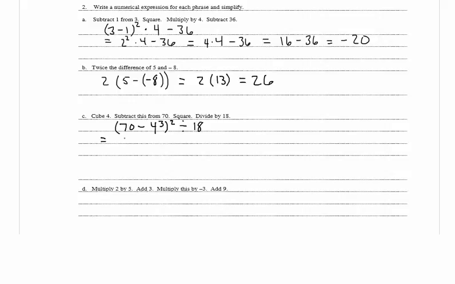So this is going to be equal to 70 minus 4 cubed is equal to 64, and that's all squared, divided by 18. And then 70 minus 64 is 6, so we have 6 squared divided by 18. And now we're going to take care of our exponent, so this is equal to 6 squared is equal to 36 divided by 18, and 36 divided by 18 is equal to 2.